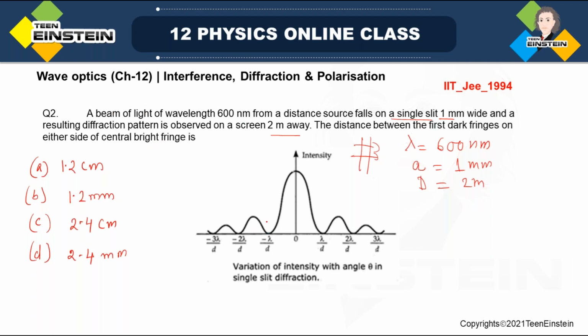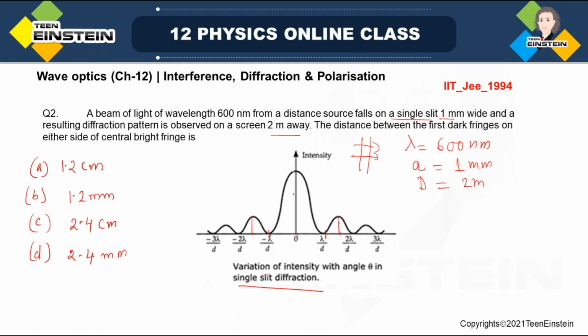See, this is the typical diffraction pattern in the single slit diffraction experiment. You can see this is the central maxima, and consecutively you will get the first minima on one side, the first minima on the other side, then the first maxima, and after that another maxima. These are symmetrically situated from the central fringe.